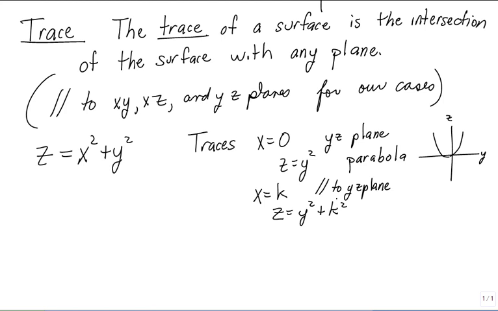So we're just shifting the parabola up. So you're still going to get parabolas shifted up.